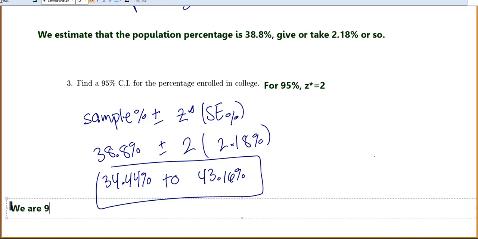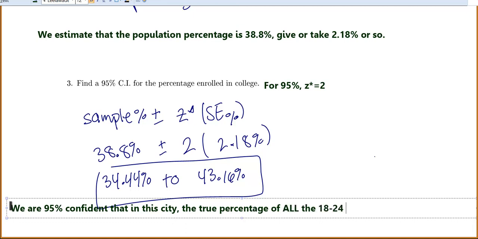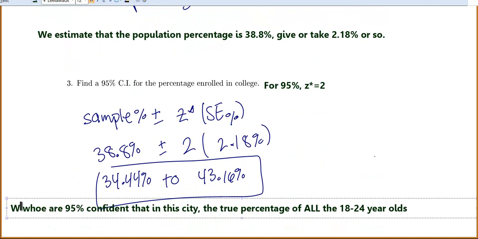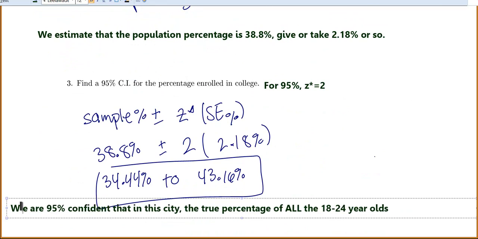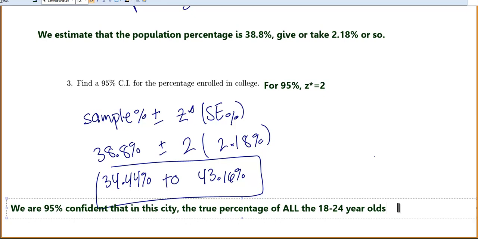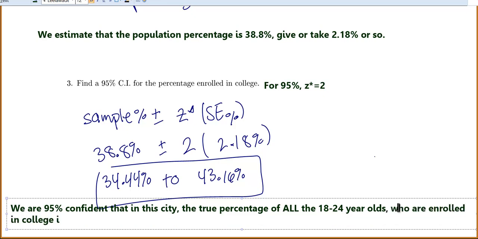We are 95% confident that in this city, the true percentage of all the 18 to 24-year-olds who are enrolled in college is between 34.44% and 43.16%.